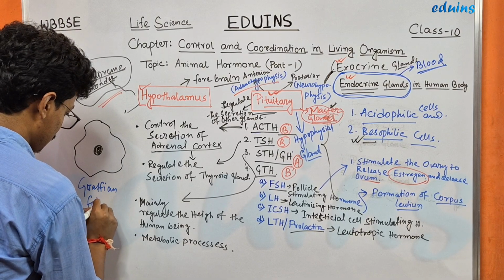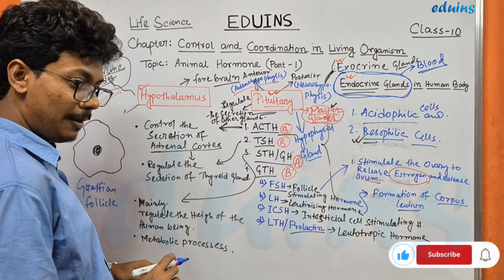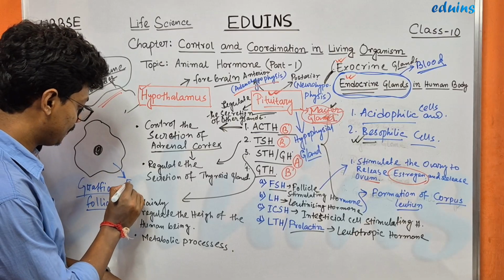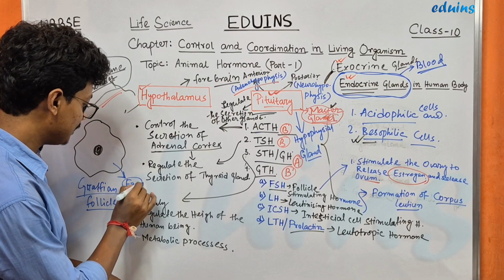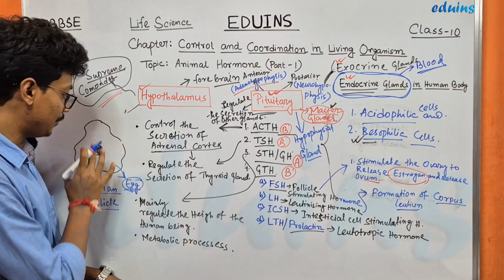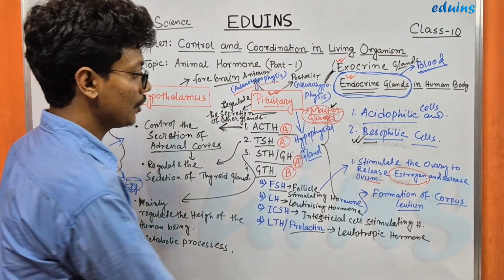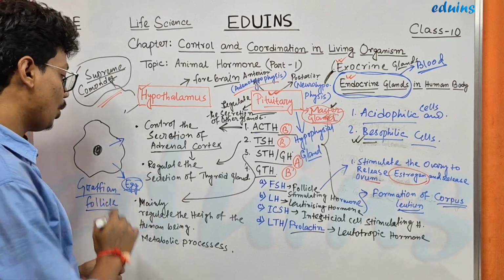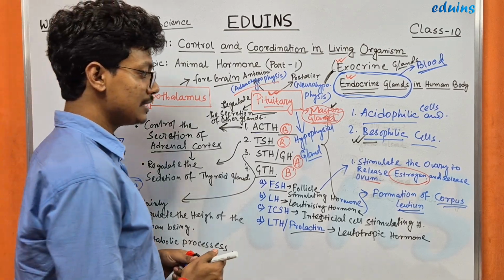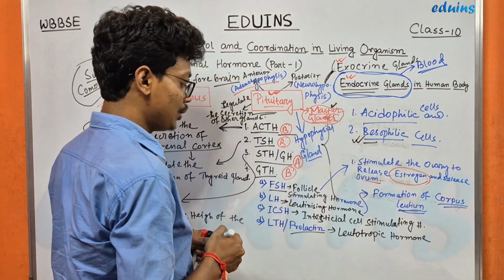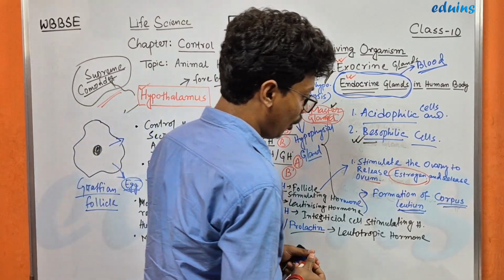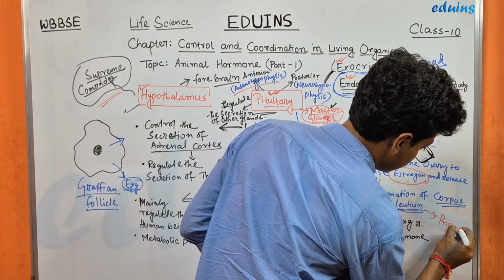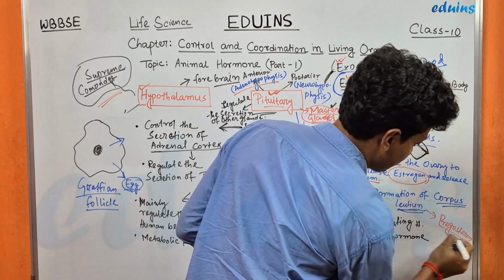So this Graafian follicle gets matured and releases the egg. When it releases the egg, the raised part of the Graafian follicle is known as corpus luteum. So this is nothing but the raised part except the ovum of the Graafian follicle, which is responsible to release the hormone which is known as progesterone. Okay.